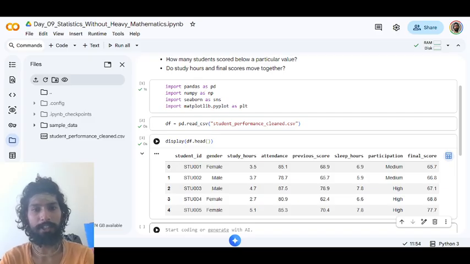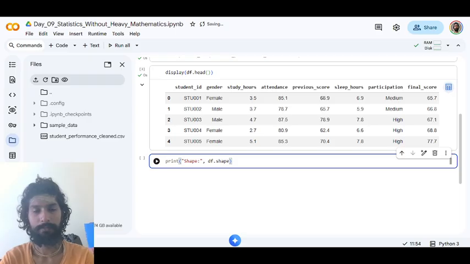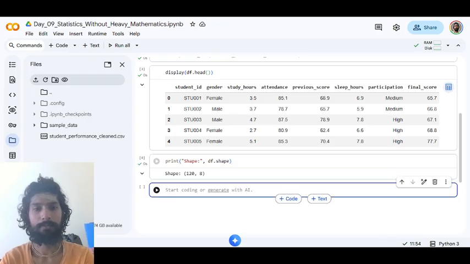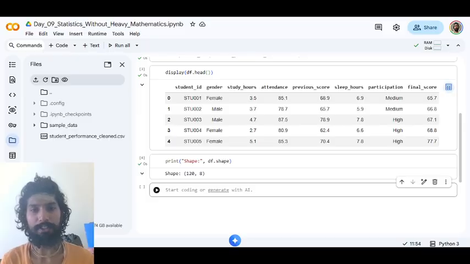Let us also check the dataset size. This tells us how many rows and columns are present. Remember that statistical results depend heavily on the available data. A result calculated from 10 students may be less stable than a result calculated from 10,000 students.